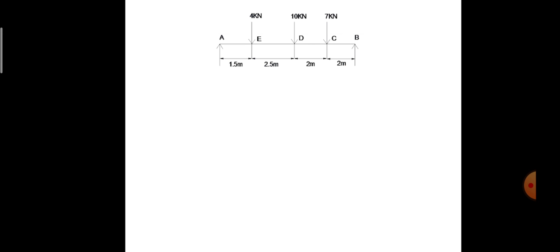Before analyzing the shear force and bending moment for the given beam, the first and foremost thing is we are supposed to find out the support reactions at A and B. For finding the support reactions, we are going to implement the equilibrium conditions for the given beam.